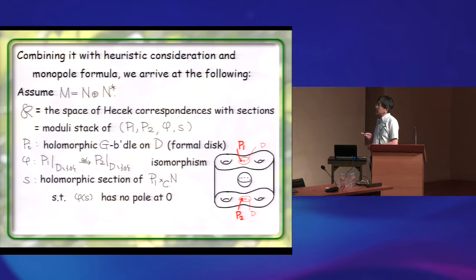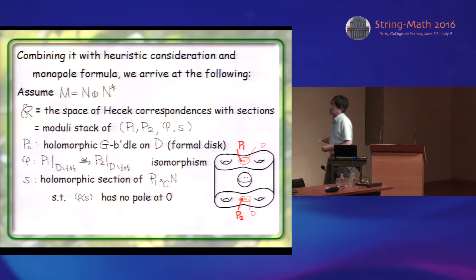So P1 and P2 are isomorphic, and the section lives on the whole space, so it must be a section of both P1 and P2. I hope this naive explanation is natural, so you accept this definition to be natural. But anyway, this definition works, so I'm very sure that this definition is correct, at least under this assumption.